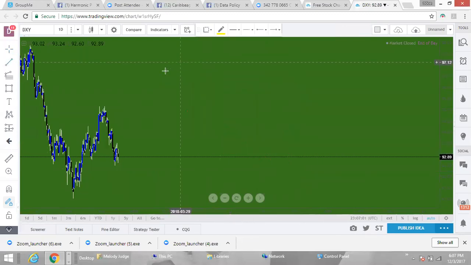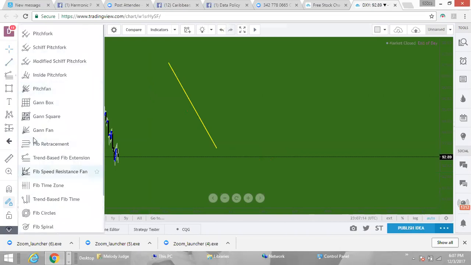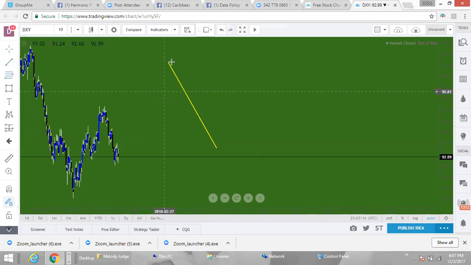Let's go through one together. So, like I said, the market will come down and we'll have an impulse. This will be our anchor leg. Once we've identified the anchor leg, we'll have to bring out the Fibonacci retracement, going from swing to swing. Let me label this.